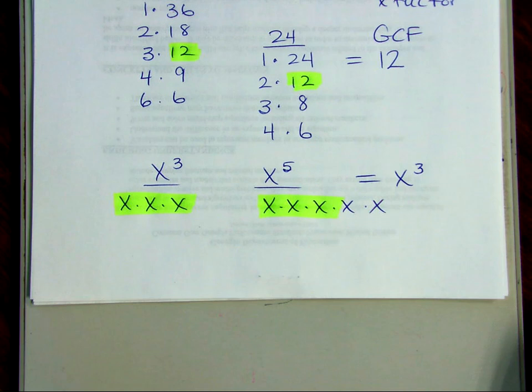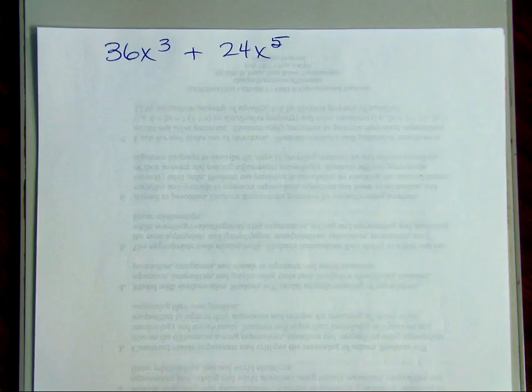Okay, there's going to be a shortcut for you to think about that. In other words, if they both had to give me the same amount of x's, what's the most that they could both give me? The most that they could both give me is the one that has the least, right? The lowest. Because I can get 4 out of this one, but I can't get 4 out of here. Do you know what I mean? So if I were to ask you what's the GCF of a and a to the fourth, well, let's factor a to the fourth.